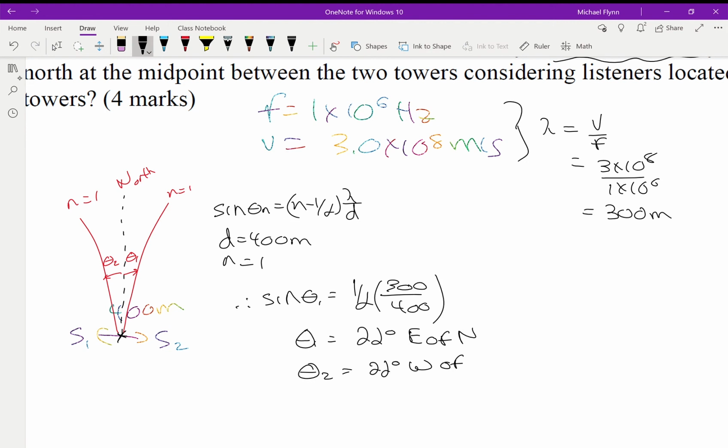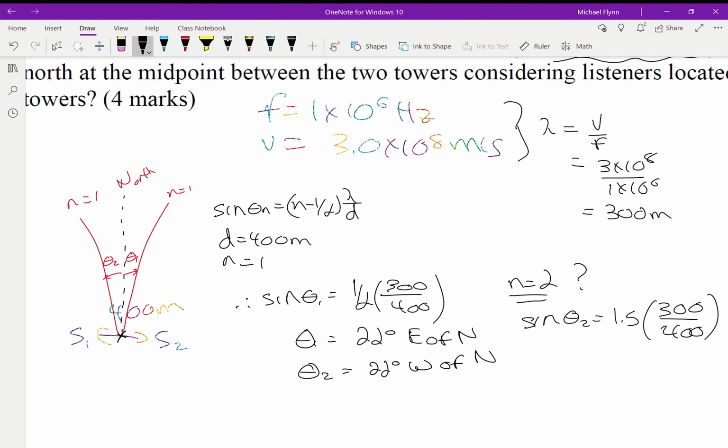Now that works for two directions. I can point either east or west of north along that first nodal line. If I really wanted another nodal line, I could just set n equal to 2. What about n equals 2? Sine of theta 2 equals 2 minus a half, which is 1.5, times 300 over 400. I may get to a point where I get an error, and that means there is no second nodal line.